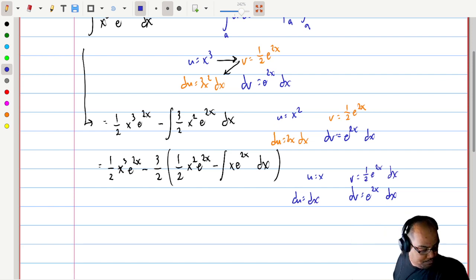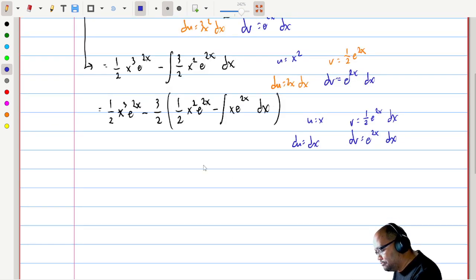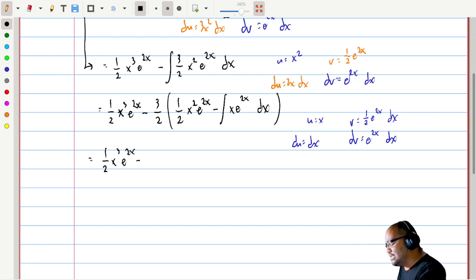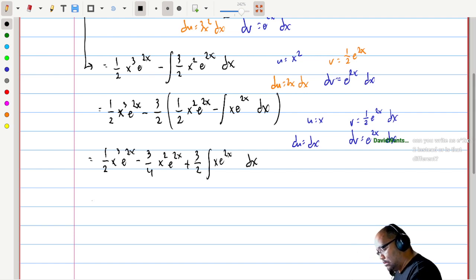So I have 1/2 x cubed e to the 2x minus, let's go ahead and distribute all this through so I don't have to worry about it later. And then for that last integral, we'll do parts on that one.